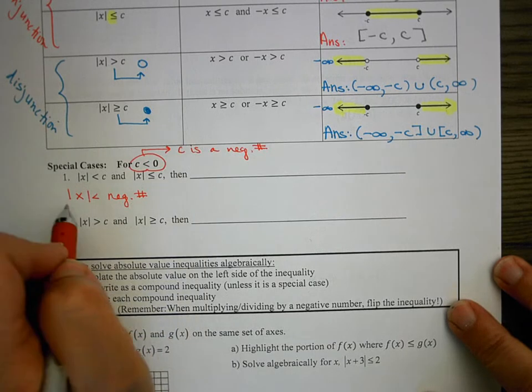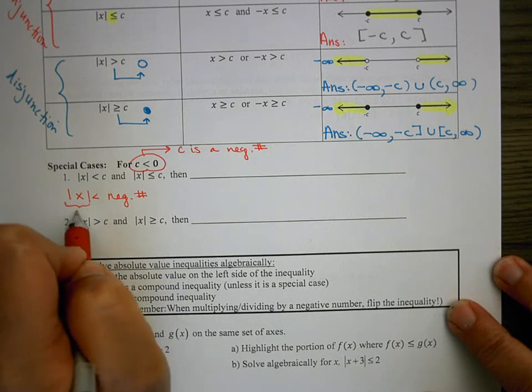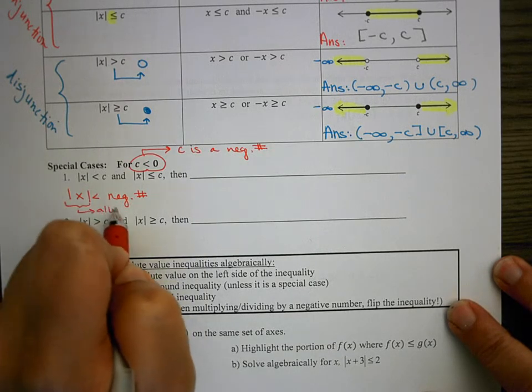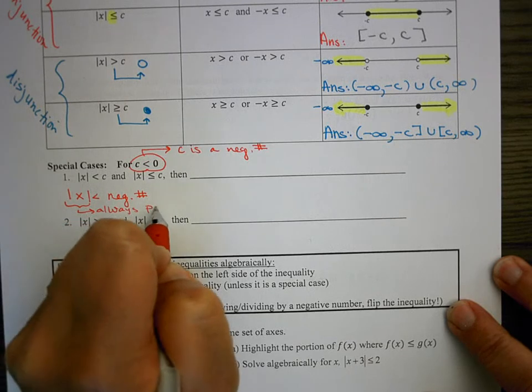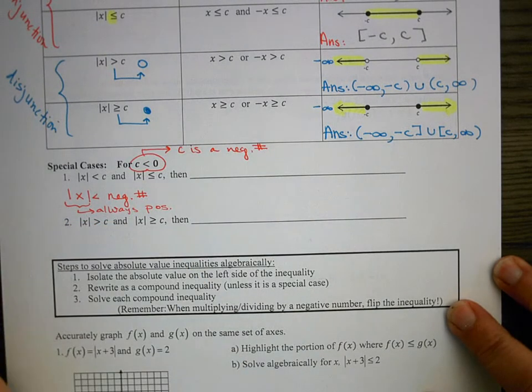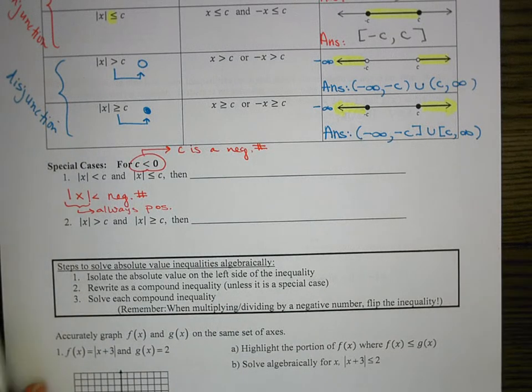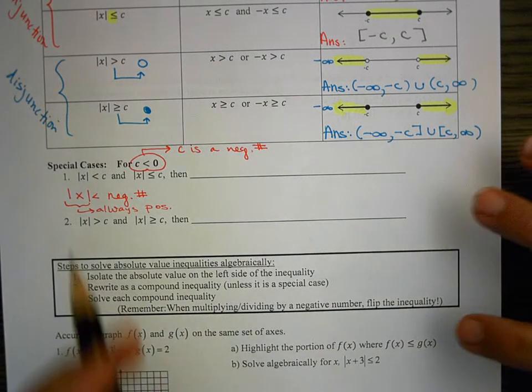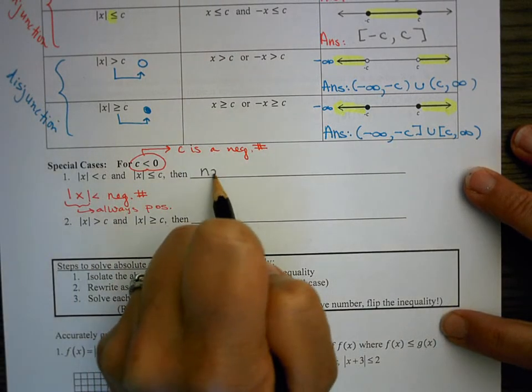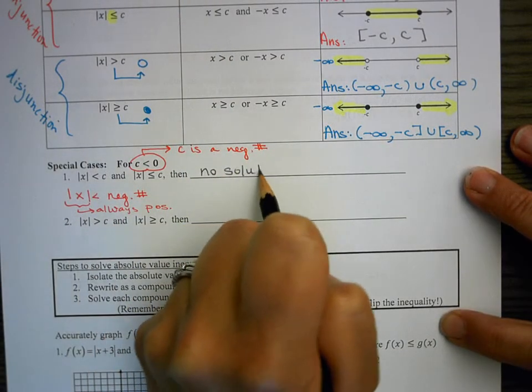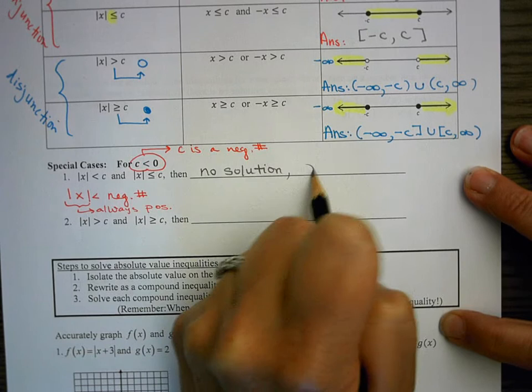And we know that this portion right here is always positive. So is there ever a positive number that will be smaller than a negative? That can never happen. So in that case, this would be no solution, or of course you can use the symbol.